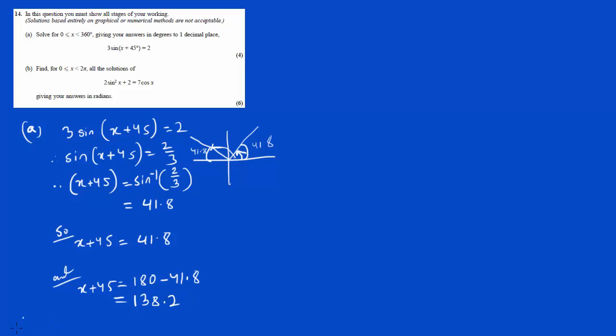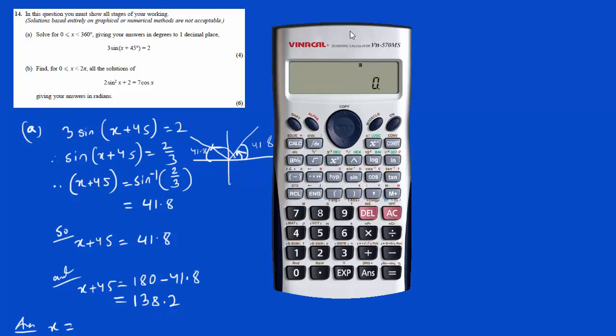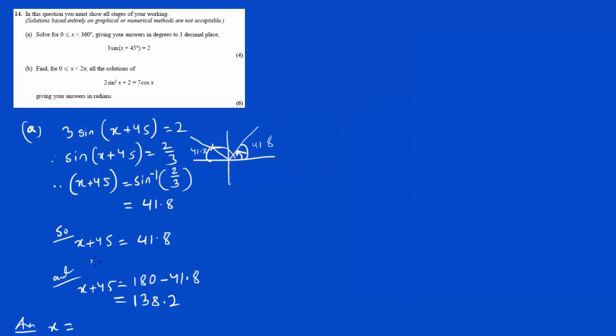Now the final step is to write down the answer. Remember, we have to find the value of x. We found the compound angle x plus 45. Now let's calculate it. The value of x would be, if we write x equals 41.8 minus 45, it turns out to be 41.8 minus 45. That is minus 3.2. So therefore here x would be minus 3.2.